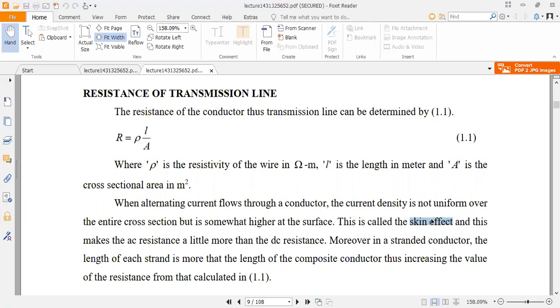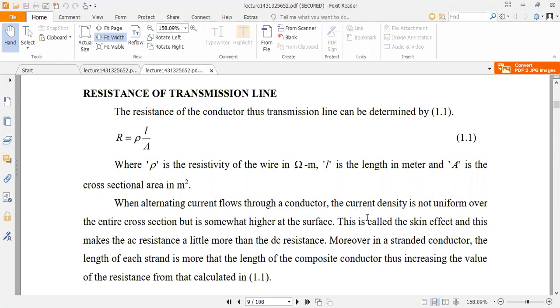And what is this effect? This effect is that the current density is not uniform over the cross section. This term is not described here in detail, but the concept is that the current density is not uniform over the section, but somewhat higher at the surface. At some section it can be higher, at some section it can be lower.